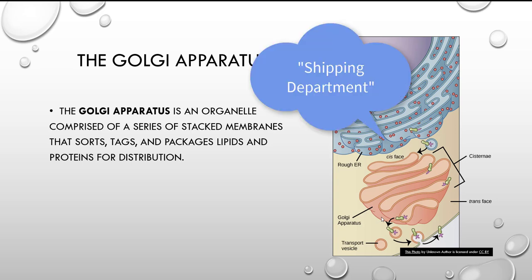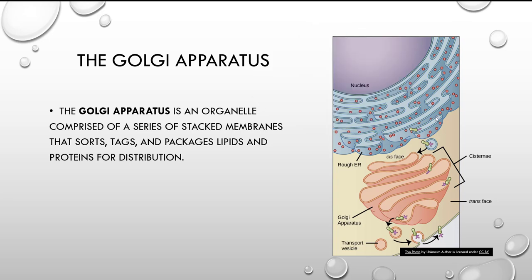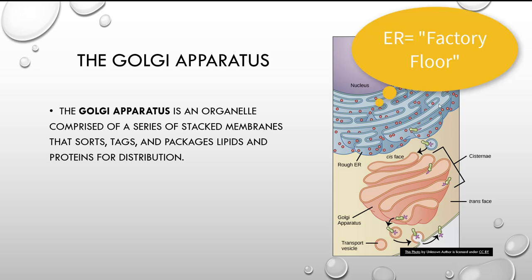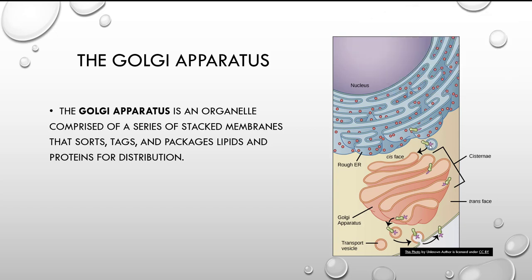Okay, so basically it will receive whatever is manufactured. I think of this as like the factory floor. Whatever is manufactured by the rough and smooth ER will get transported within some sort of transport vesicle into the Golgi apparatus. And once it's transported here, that transport vesicle will fuse with the membrane of the Golgi apparatus.